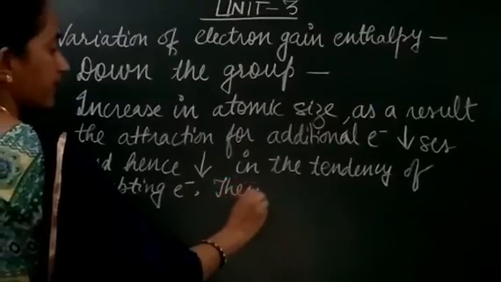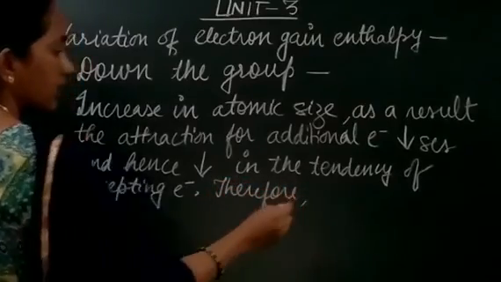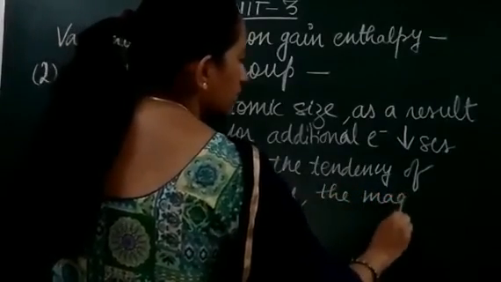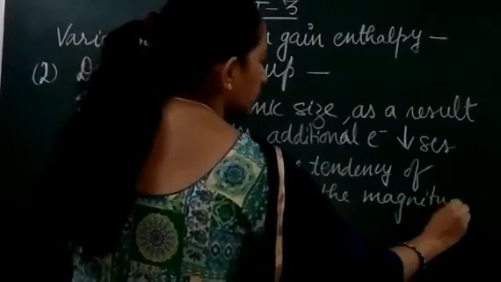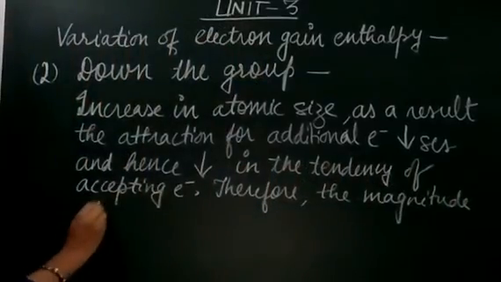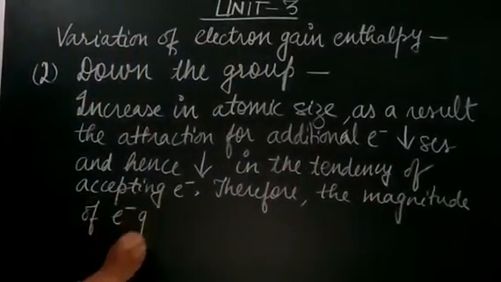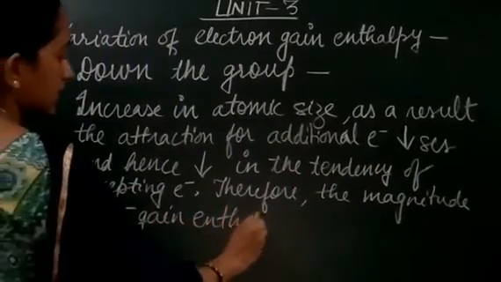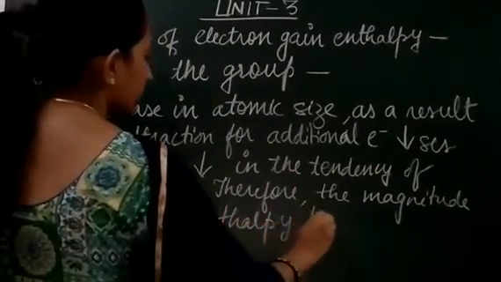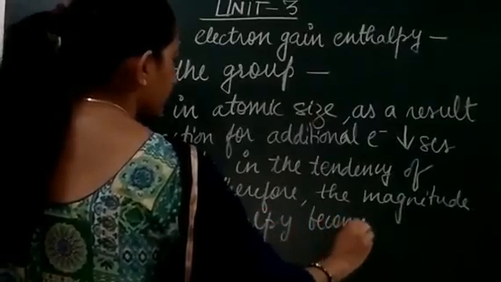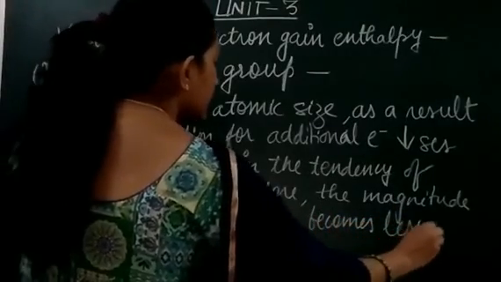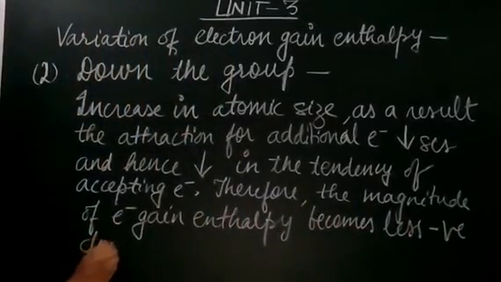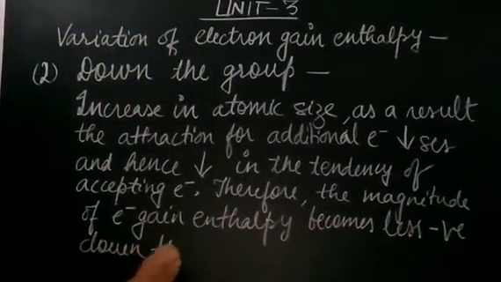Therefore, the magnitude of electron gain enthalpy becomes less negative down the group.